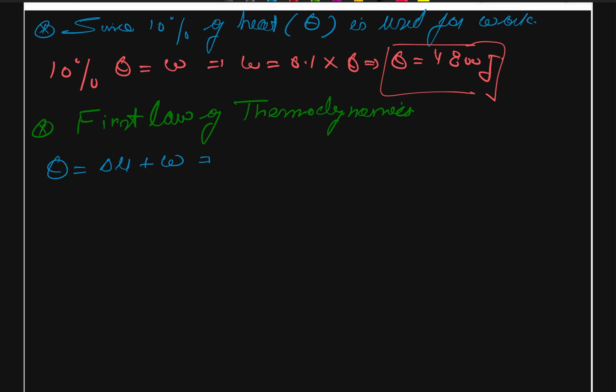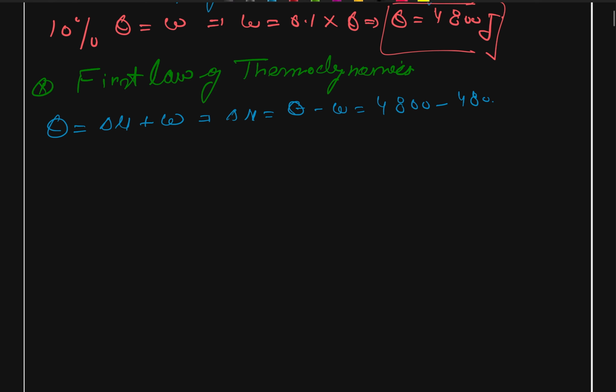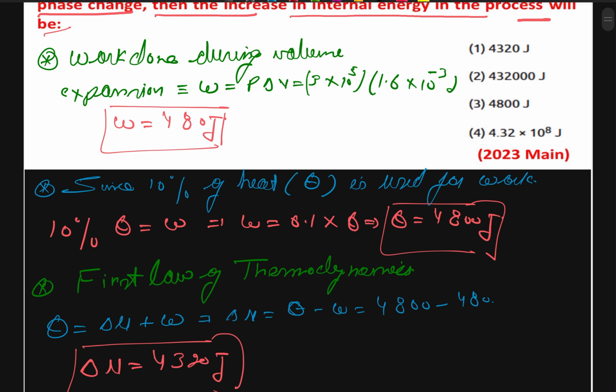We are supposed to find out the change in internal energy, that is delta U, which will be equal to Q minus W. Q is our 4800 and W is our 480. Thus we get that the change in internal energy will be equal to 4320 joules, and option 1 is correct.